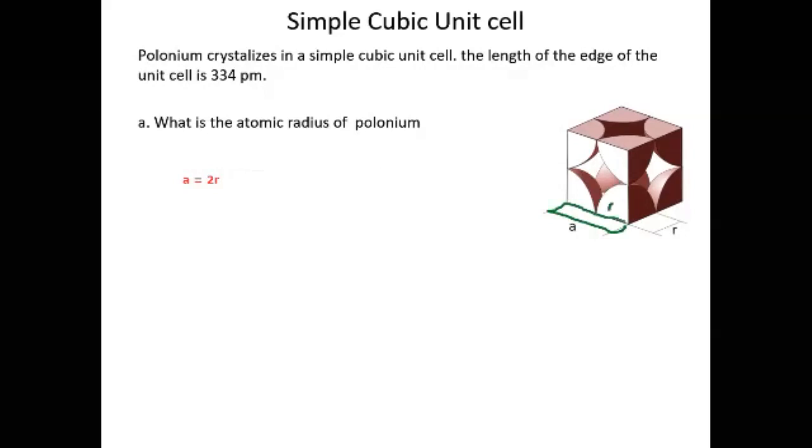So this is R, and this is R. So the A-axis for a simple cubic unit cell makes up 2R, because there are 2 R's along the A-axis. So now if we know A is 334 picometers, that is equal to 2R. R is just simply dividing 334 by 2.